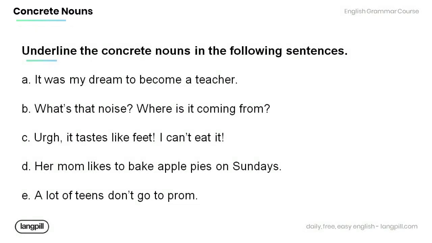And now it's time for you to practice on your own. Read the following sentences and underline the concrete nouns. A. It was my dream to become a teacher. B. What's that noise? Where's it coming from?